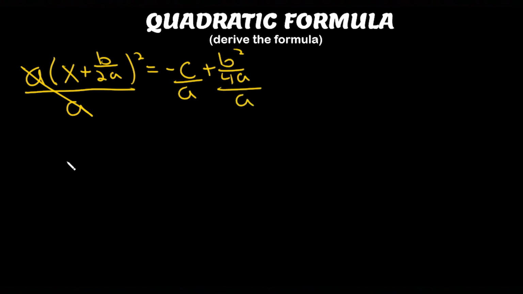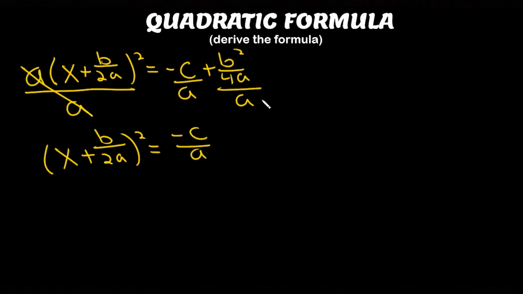So I end up with, in parentheses, x plus b all over 2a squared equal to negative c all over a. And then what happens here? If you have to, write it out as keep, change, flip. You're really doing b squared all over 4a. You're dividing, so we're going to change it to multiplication.